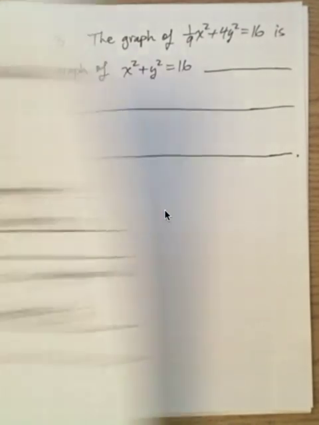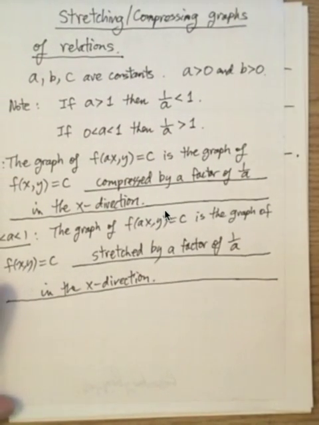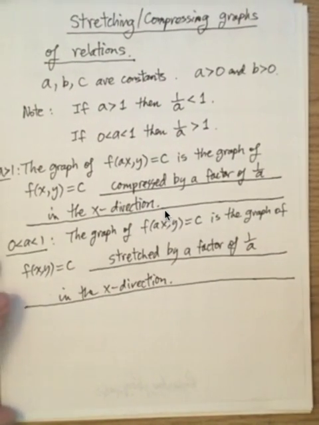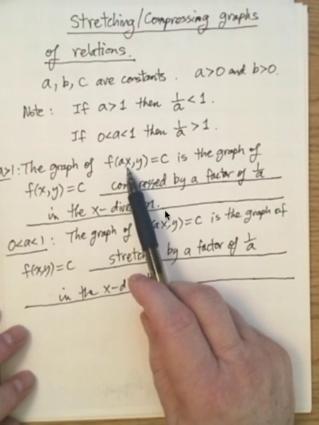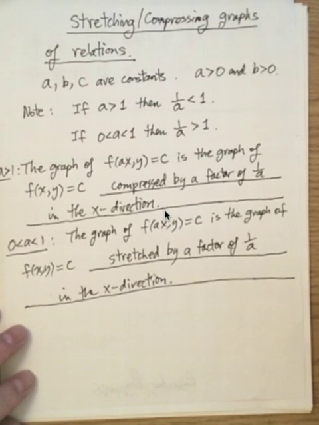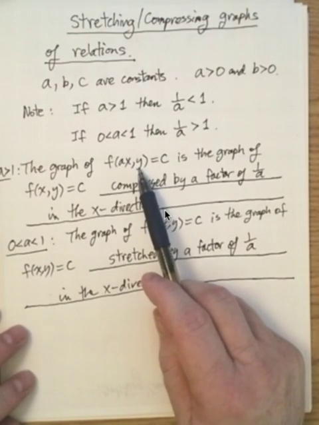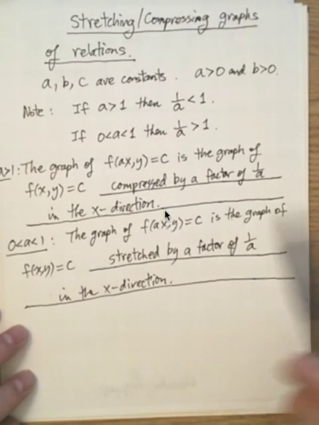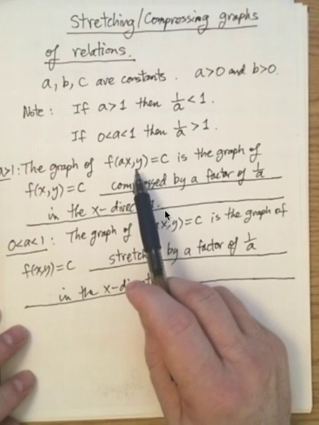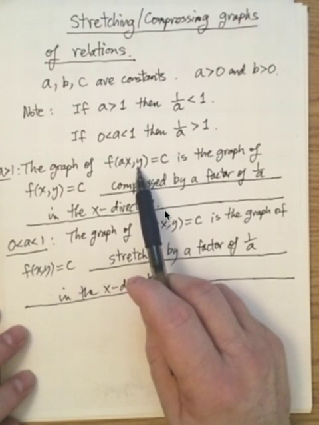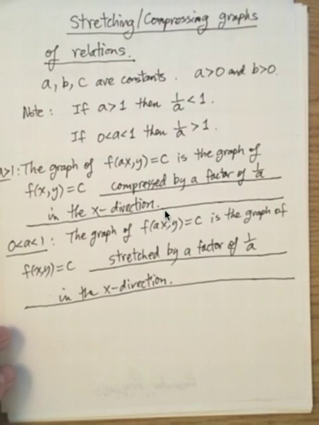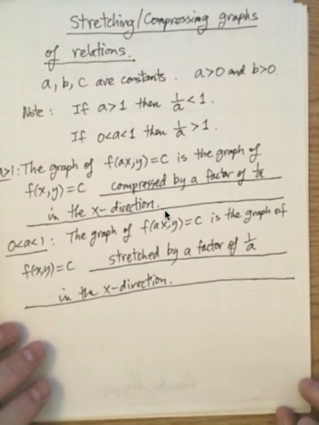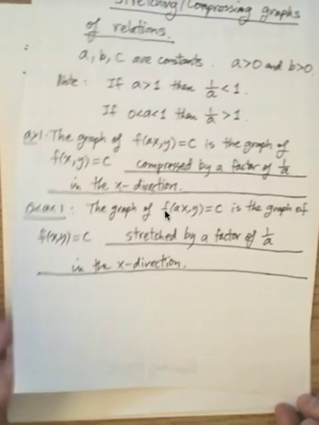What I said in the beginning about taking a positive factor on x applies if I start taking positive factors on y as well. For example, if I had just messed with b y here, this would be compressed or stretched by the reciprocal of whatever b is. So keep that in mind when we work this problem.